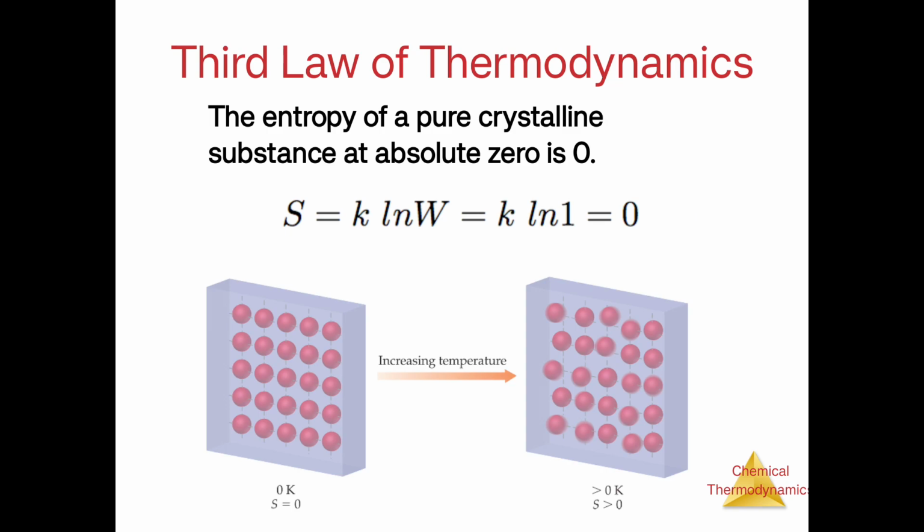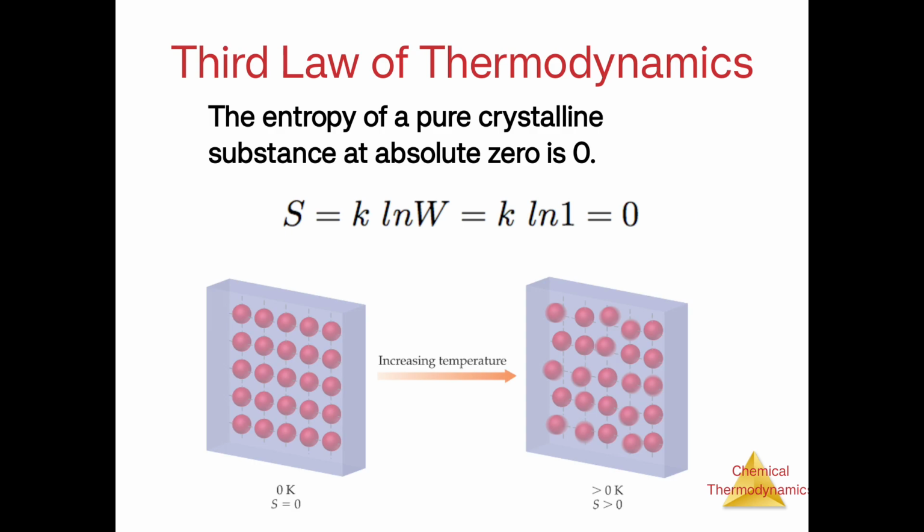Hope you understand that one. W is the number of randomness, or the number of movements to account its molecular state. Got it? That is 1 in a pure crystalline substance, because its existence of physical matter is 1. So the W value is 1, so the logarithm of 1 is 0. And k is the Boltzmann constant, you know it. Got it?